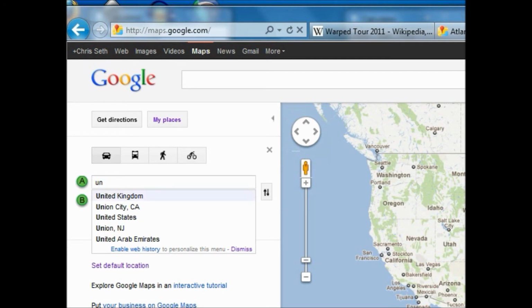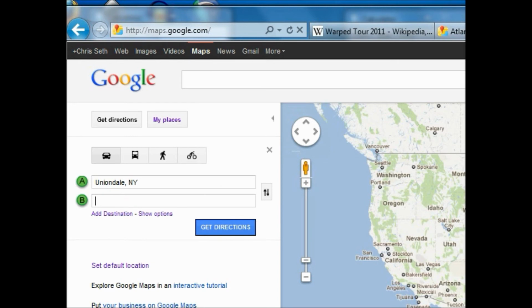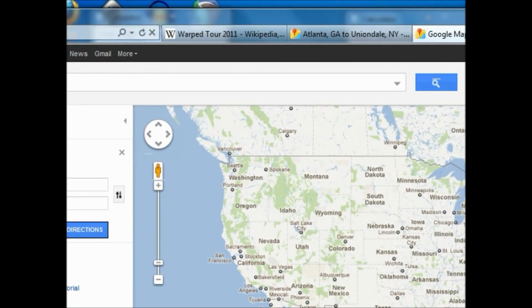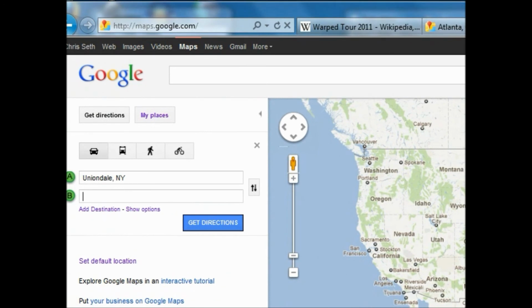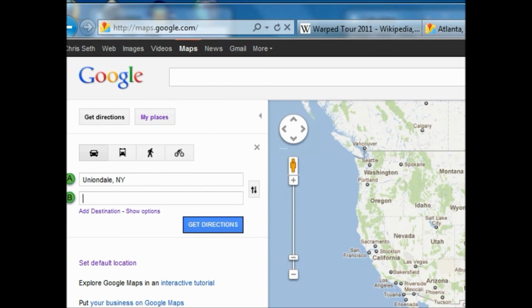Not Onion Dale, Union Dale. So yeah, that'll start you back where you need to go to get the dates or everything right. So you just have a new tab right there, and then just keep going the way you were going before, and you'll get everything. All right, I'm gonna pop in the rest of the dates of the Warped Tour and finish up this post.